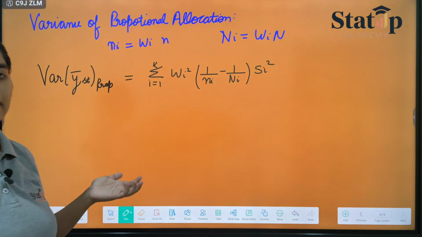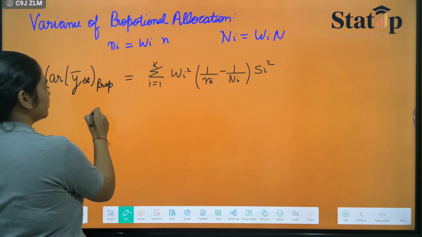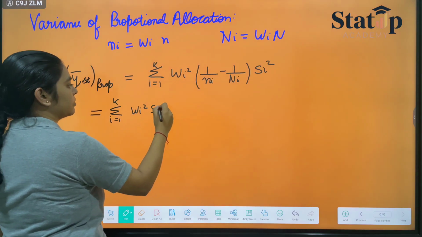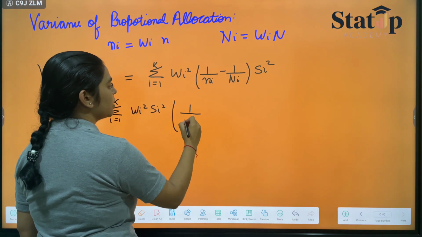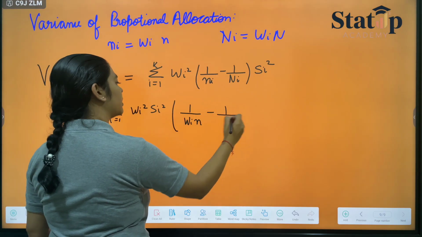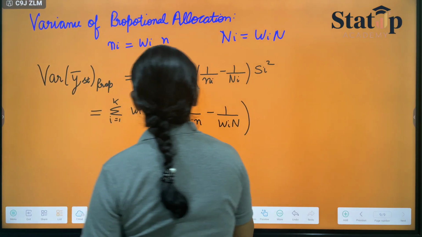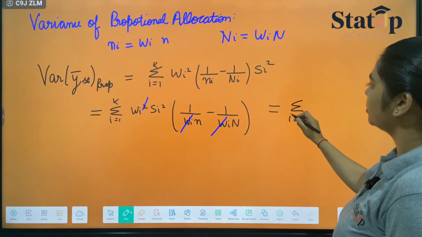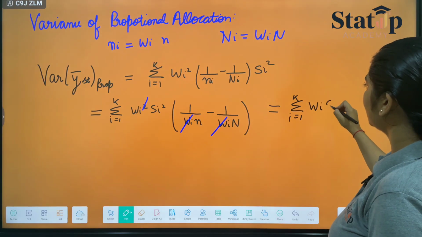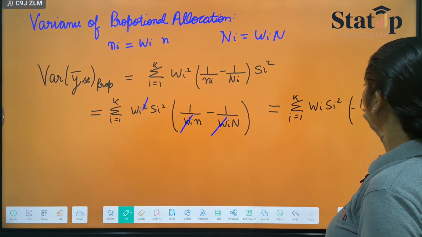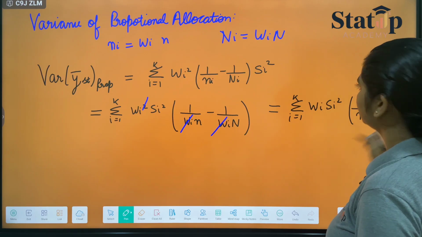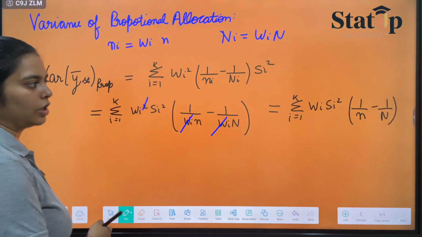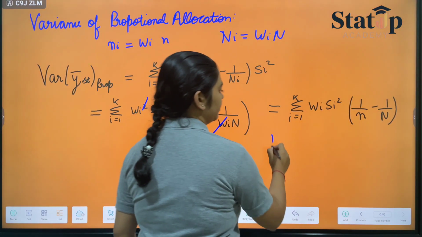Now substituting the value of small ni and capital Ni, we will get summation i goes from 1 to k Wi square Si square, 1 upon Wi small n minus 1 upon Wi capital N. Now this Wi and Wi gets cancelled with 1 Wi here, and we are left with summation i goes from 1 to k Wi Si square into 1 upon small n minus 1 upon capital N. So this is the variance of y bar st of proportional allocation. Let this be equation number 1.